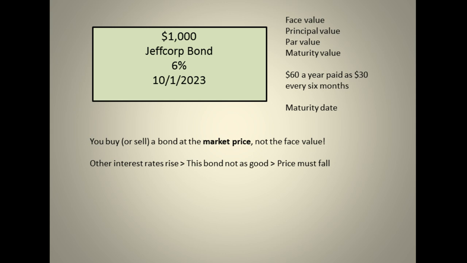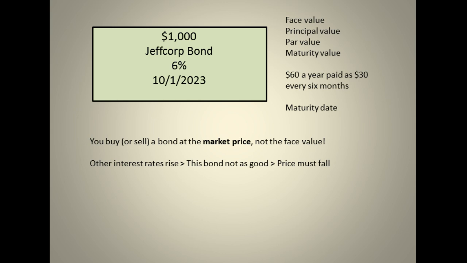Looking at interest rates to try to figure out why the price might fluctuate, let's think about this bond that, let's say, was issued on 10/1/2013, and so its maturity date is 10 years after that. Let's say that after it was issued, most other interest rates in the economy went up. So you're looking for something to do with your money, and you have a bunch of options.